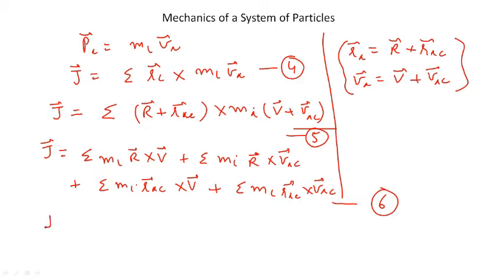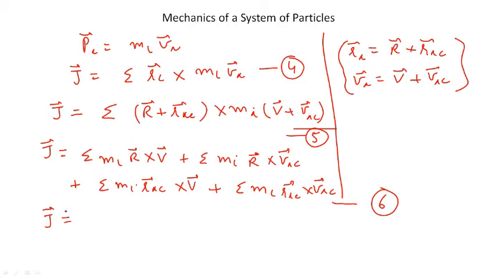Now note here that sigma will be used for the i-th particle, so capital R and capital V are constant. These are the terms for the center of mass.